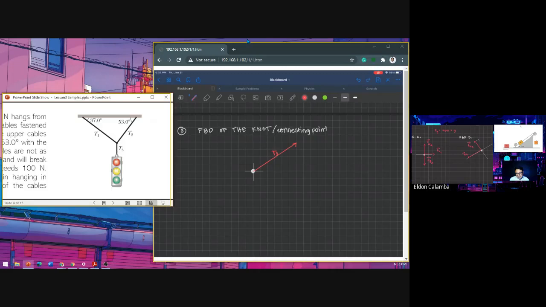Sorry. This is not T3. This is T2. And then we have T1. And then lastly, T3 going down.